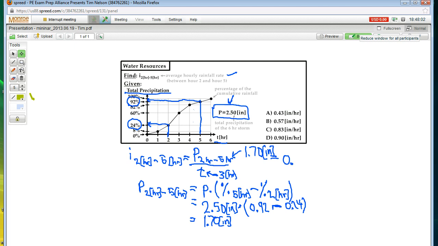I got 0.566. And the units are in inches per hour. So nothing tricky with the units on this problem. No need to make any conversions.